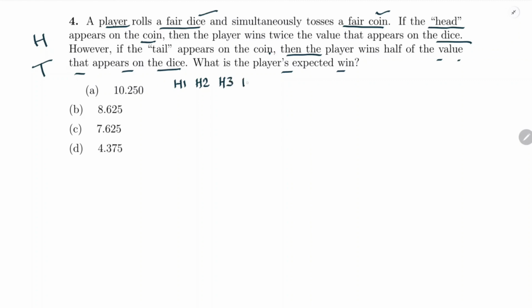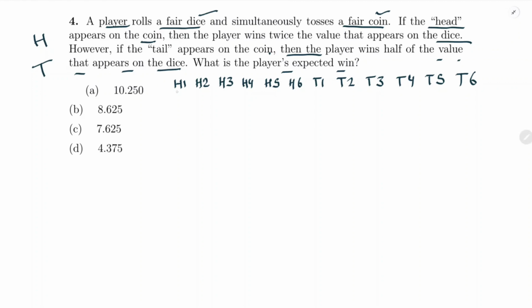Likewise, we can write h4, h5 and h6. Now suppose tail appears on the coin and 1 appears on the dice. We can write it t1. Tail on the coin, 2 on the dice. Like this, we can write t3, t4, t5, t6. So these are the values that can appear in this experiment.